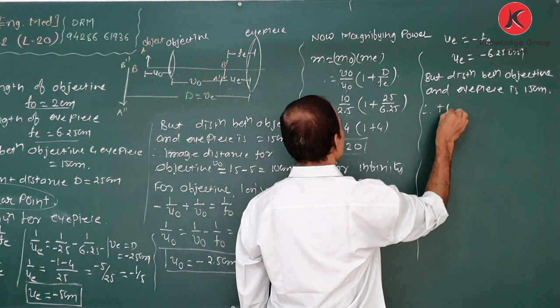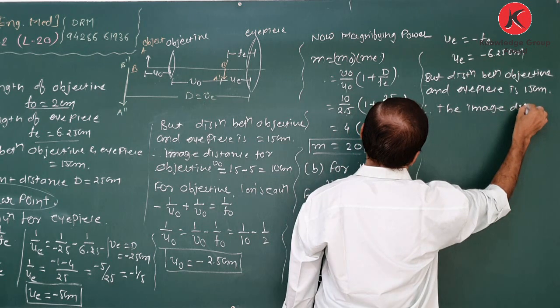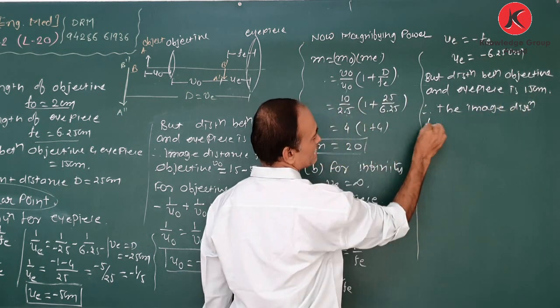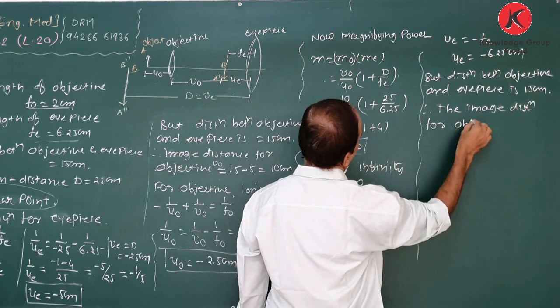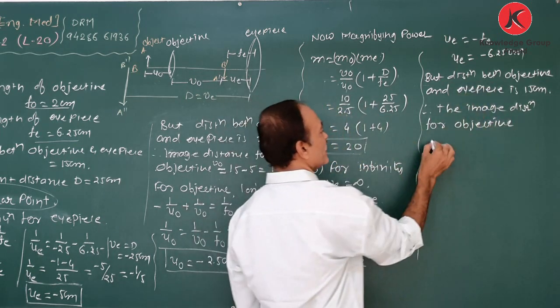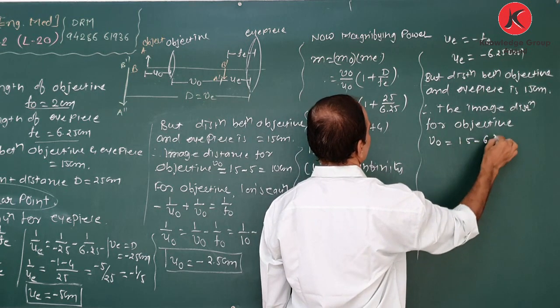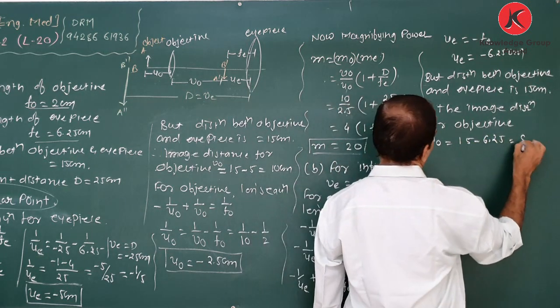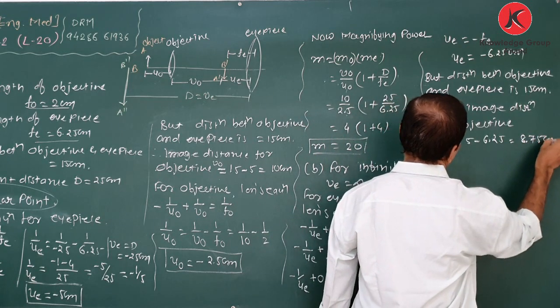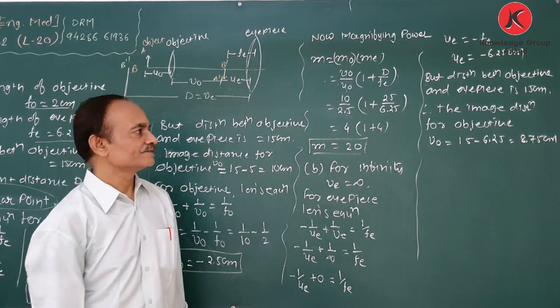Therefore, the image distance for the objective is V0 equal to 15 minus 6.25, which is equal to 8.75 centimeter.